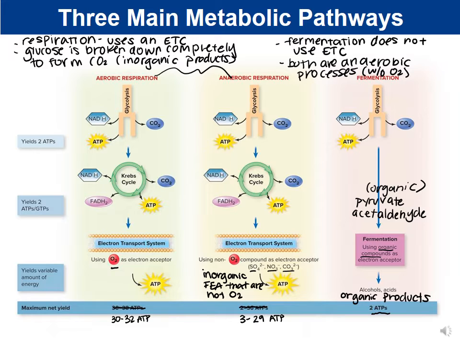It uses an inorganic final electron acceptor that is not O2. And anaerobic respiration breaks down completely to CO2. Fermentation, right? Fermentation does not use an electron transport chain. It only does glycolysis and then goes directly to fermentation. It uses organic final electron acceptors, and it produces organic products.